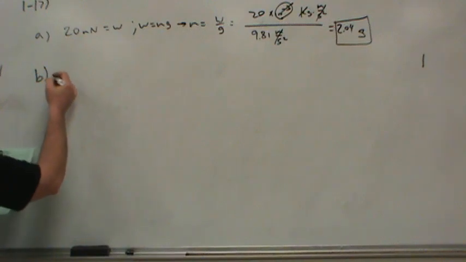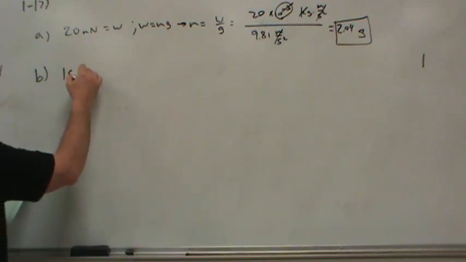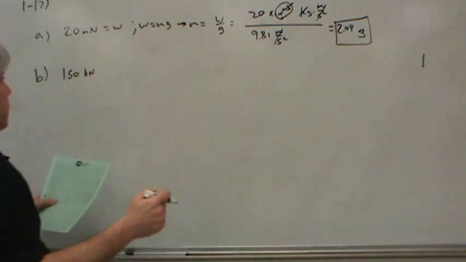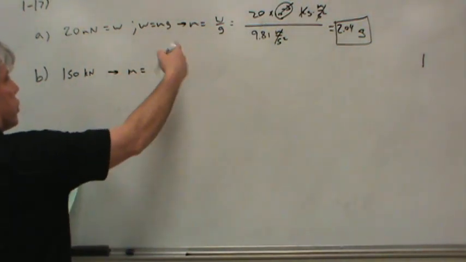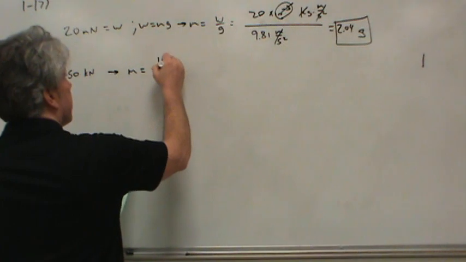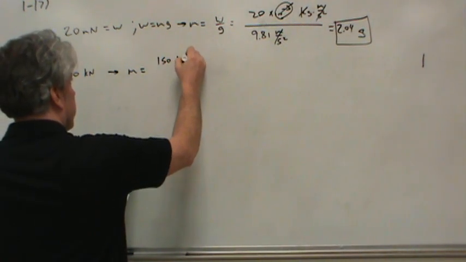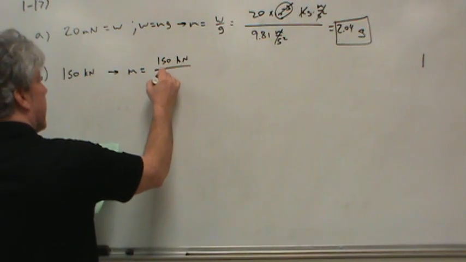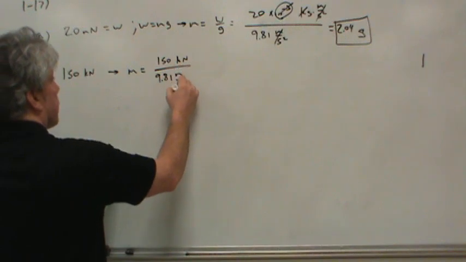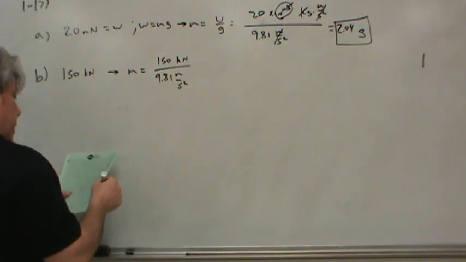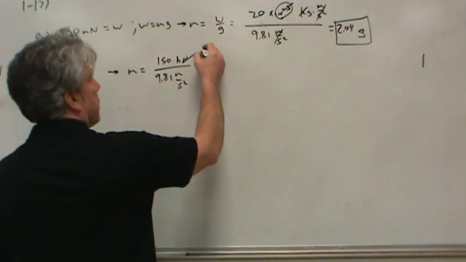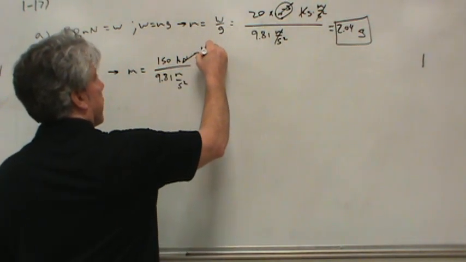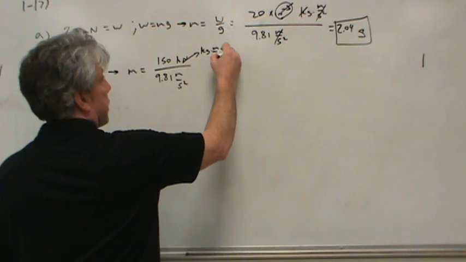Part B, the question was, if we have an object that weighs 150 kilonewtons, obviously we're assuming that this is on Earth, then calculate the mass. Nothing has changed in our approach. All we have to do is take the weight, 150 kilonewtons, and divide it by 9.81 meters per second squared. Now things are a little bit different. I'm going to take the newtons themselves, not the kilo, but the newtons, and convert them to kilograms meters per second squared.